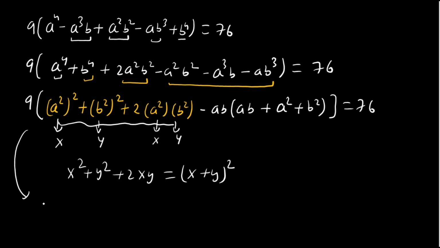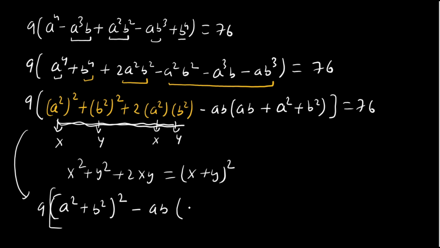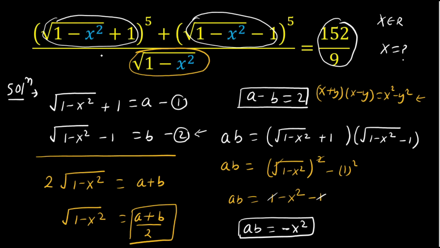Then 9 times this expression is replaced by a square plus b square whole square, and then minus a times b, and here a times b plus a square plus b square, and this is equal to 76.